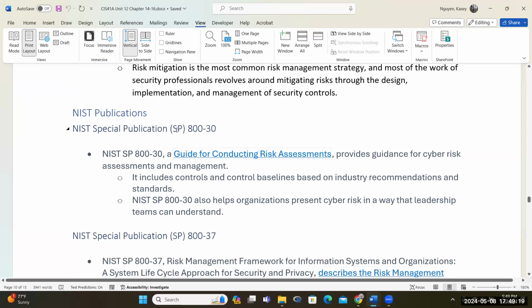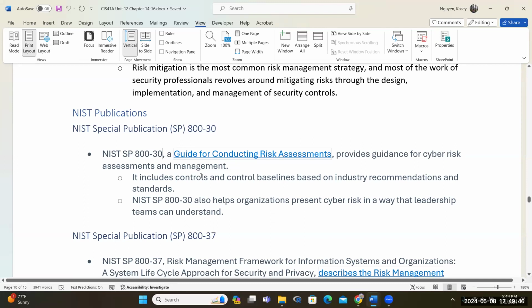So whenever you see SP, that's special publication, and you can go to this website, there's some link here. I borrowed this from this website actually, and I sized it down so that way it's easy to read. So if you want to conduct a risk assessment, follow the roadmap, the guidelines that they gave you, 800-30 for the special publication.